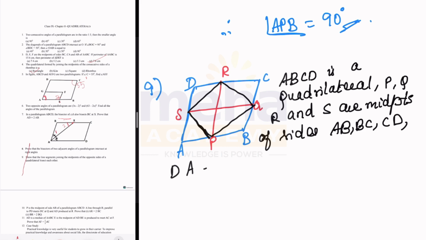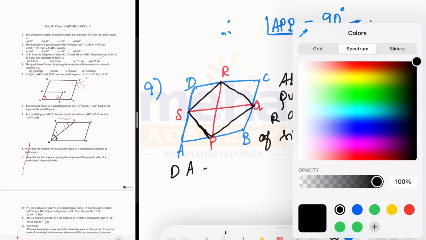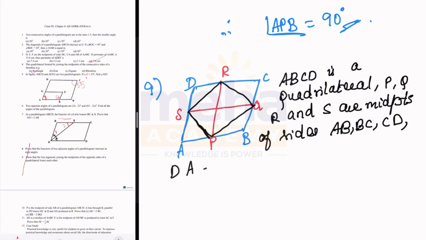Now to prove that it is a parallelogram, I will join the diagonal AC. Here in triangle ABC, since they talk about the midpoint, I use the midpoint theorem.